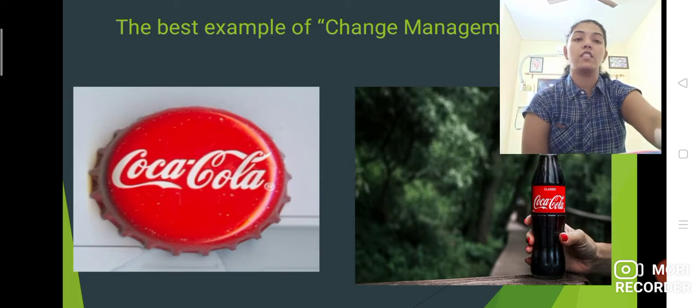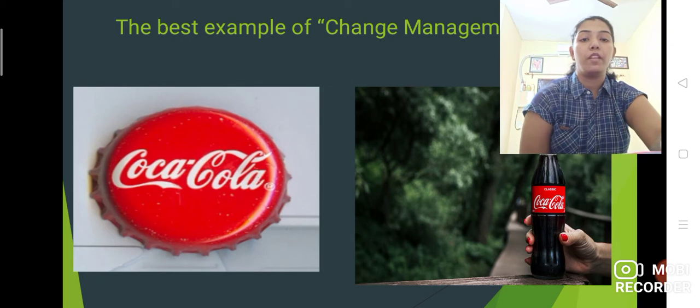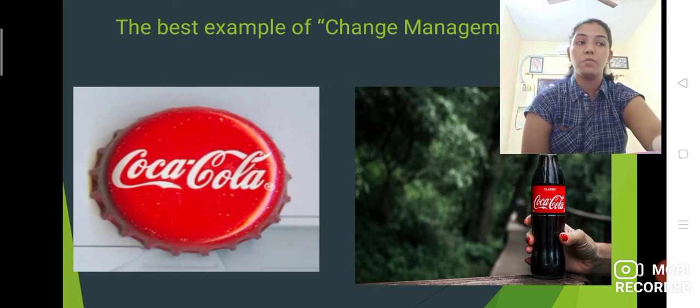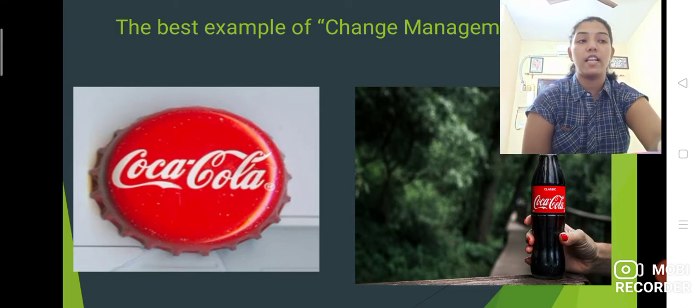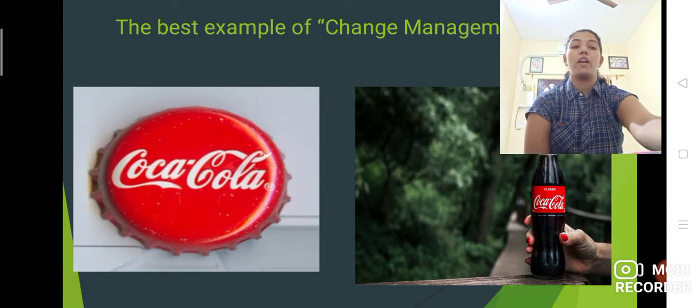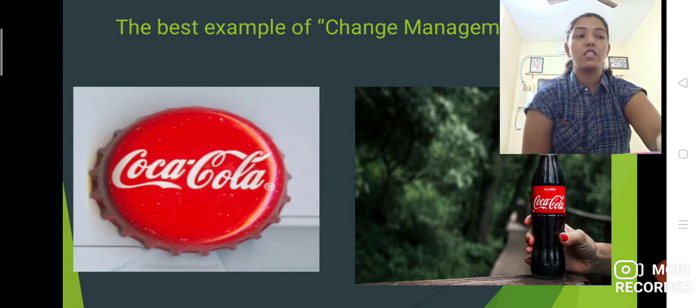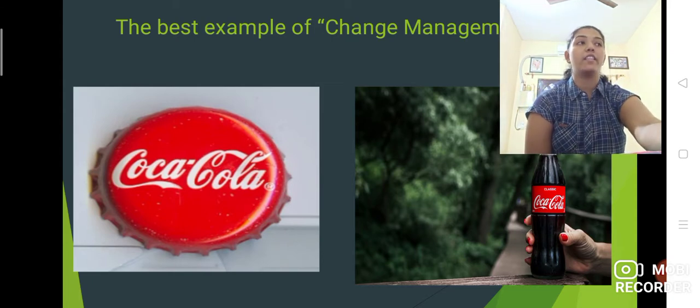And the best example of change management is the Coca-Cola company. So perhaps no organization has been through the change management challenges quite like the Coca-Cola company. One example is from the 1980s when bitter rivals Pepsi started to aggressively target Coca-Cola.